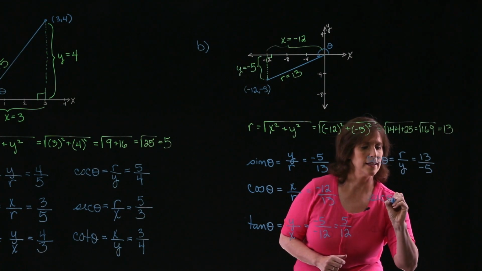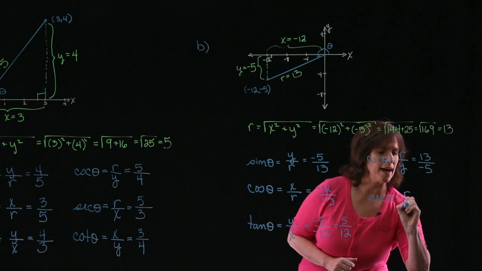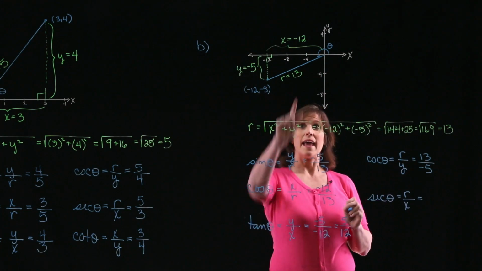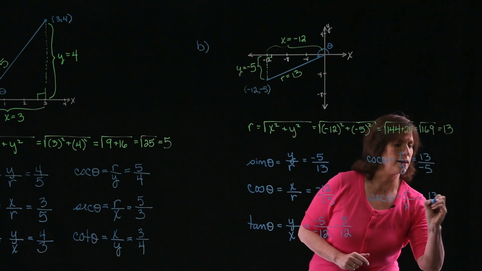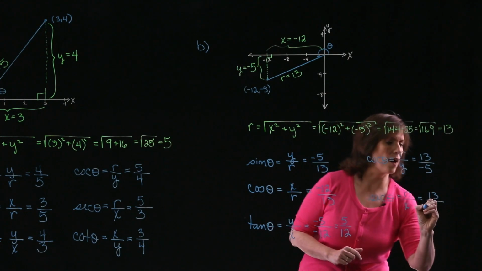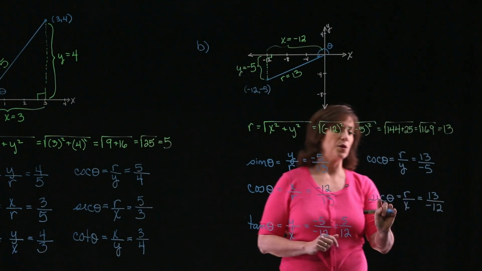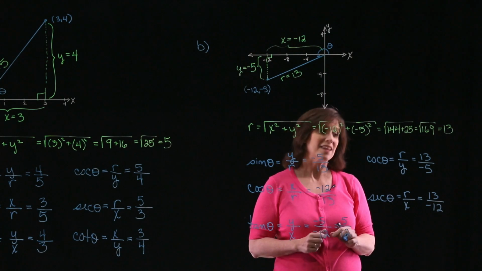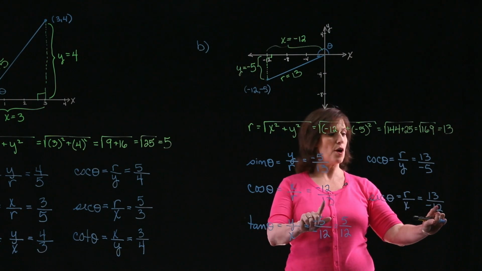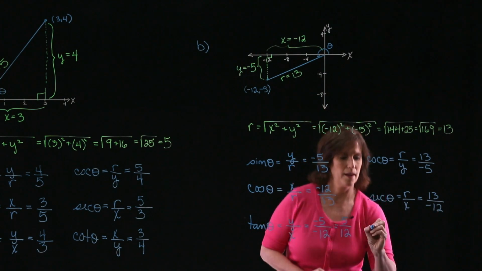Secant is next. The secant is r over x. Again, the r value is 13. The x value is negative 12. And so the secant of theta is negative 13 over 12. And again, notice reciprocals here.